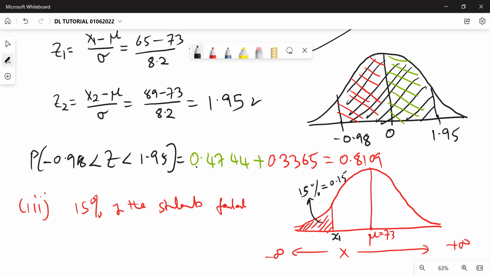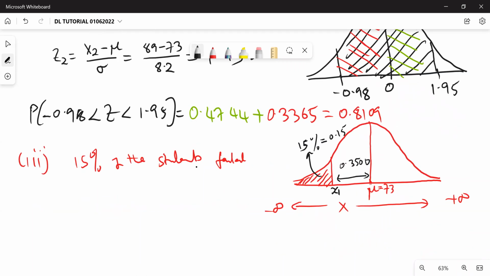So if you know the shaded area is 0.15, of course, you know this area here is 35%, or 0.35. You can even say that. So with that information, are you able to figure out the value of x1?